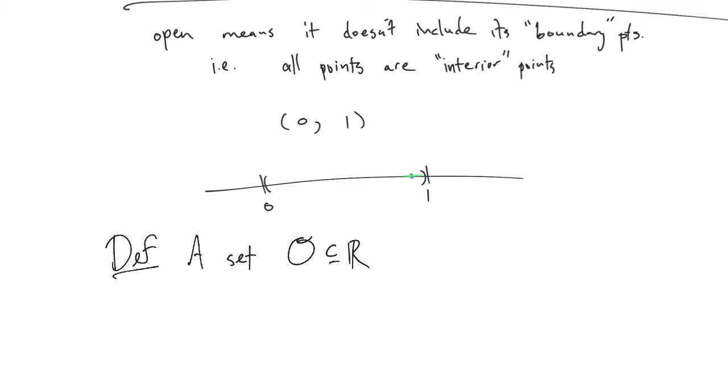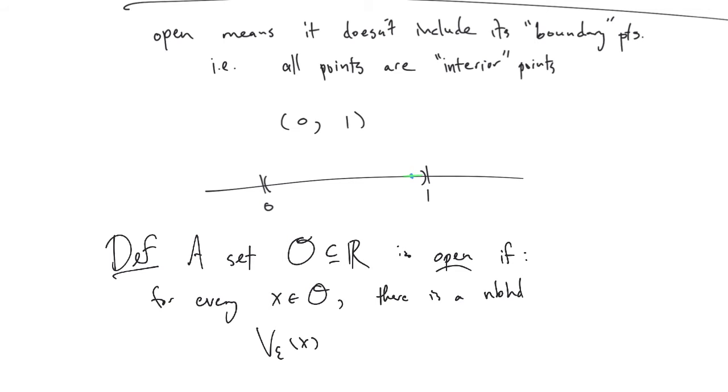So anyway, a set O, a subset of the real numbers, is open if, this is the definition, for every x in O, there is a neighborhood V epsilon of x such that V epsilon of x is a subset of O. All right, this is how you say every point is on the inside.